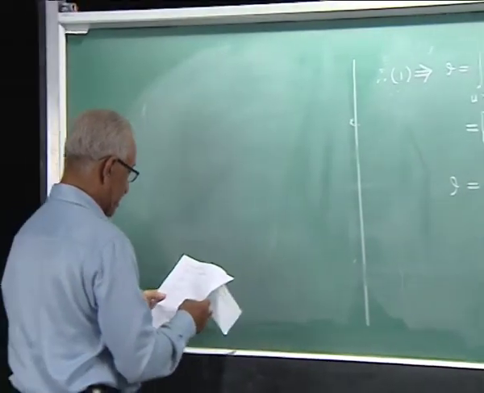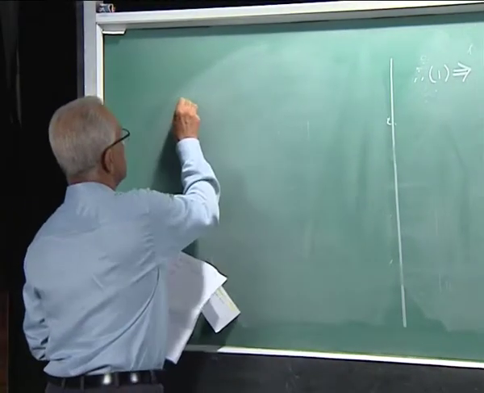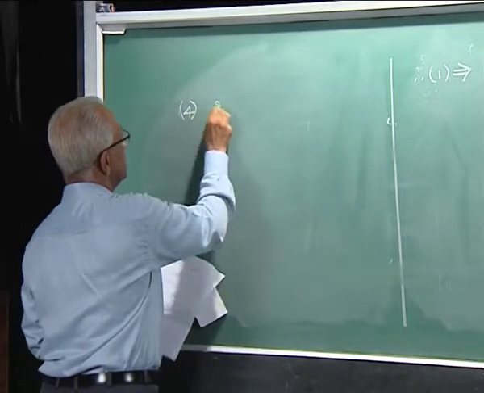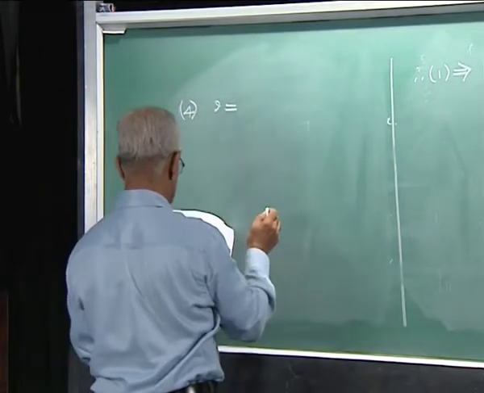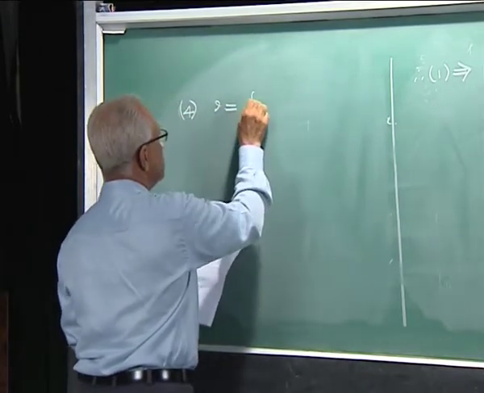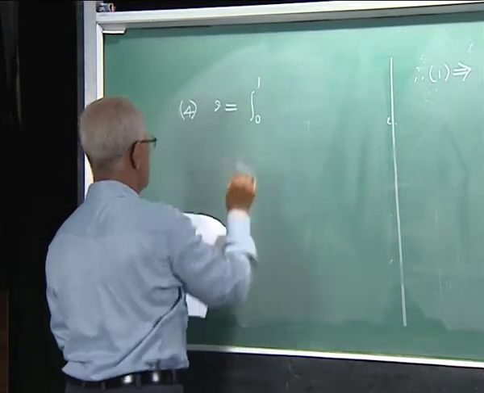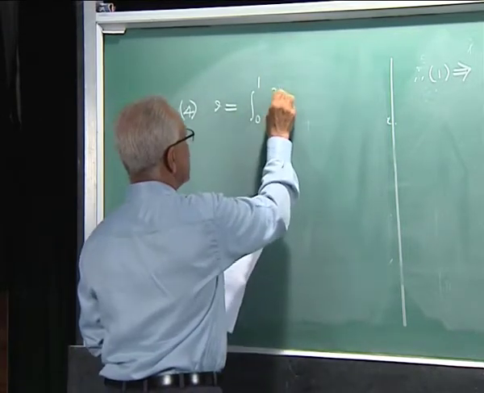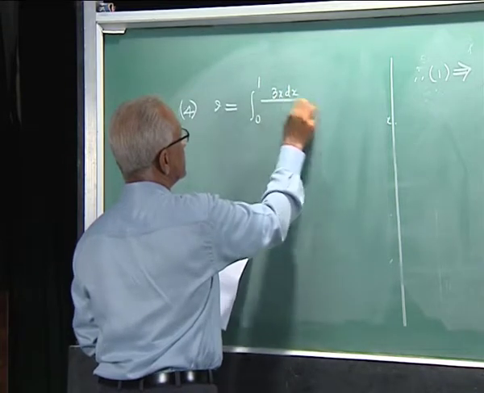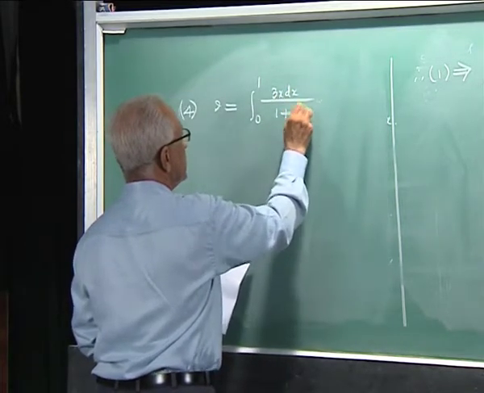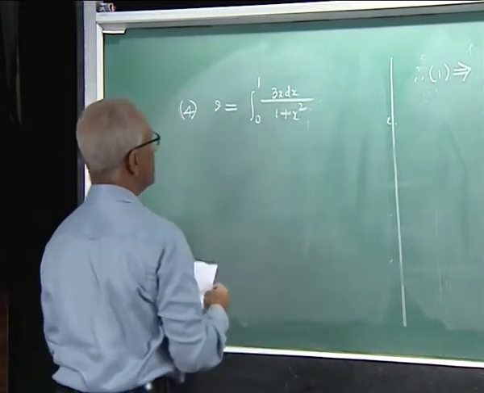The next exercise that I take is the fourth exercise, and this is the integral from 0 to 1 of 3x dx upon 1 plus x square.